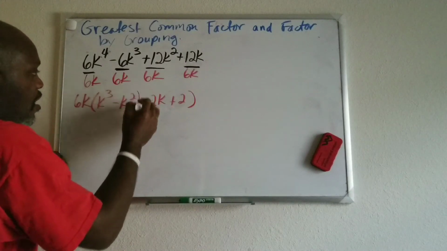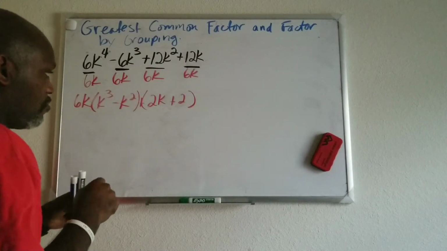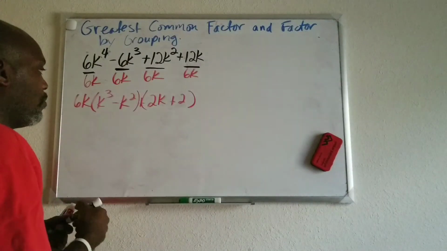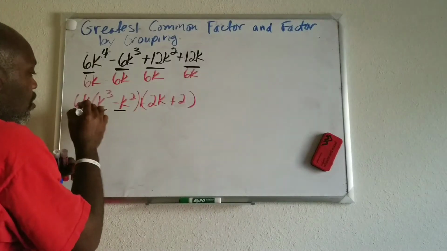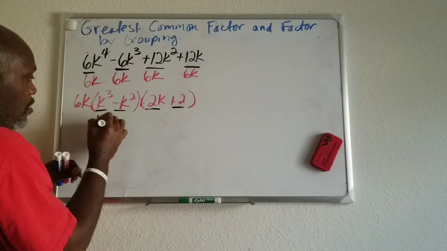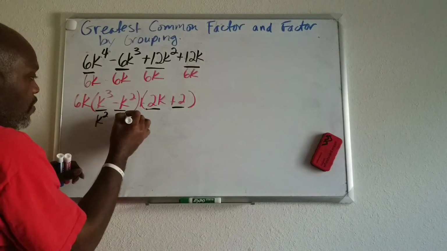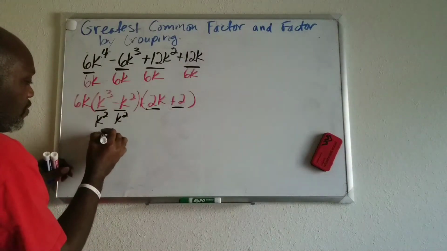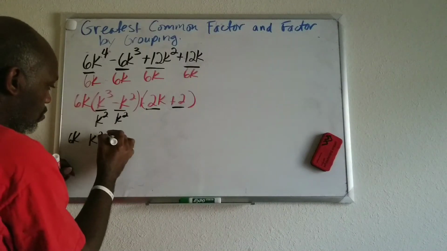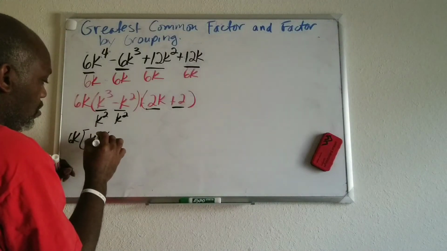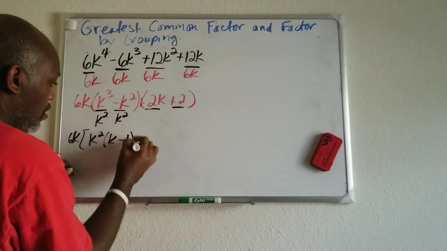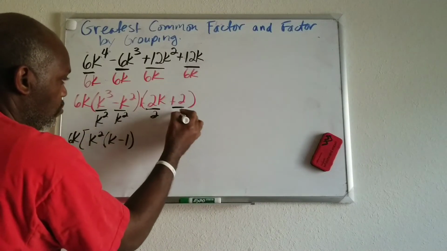So from there, now we have to factor by grouping. And we can't forget about the 6k. However, we're going to start here by reducing by the greatest common factor of k squared. So I have k squared, can't forget about the 6k, k minus 1, factor out 2.